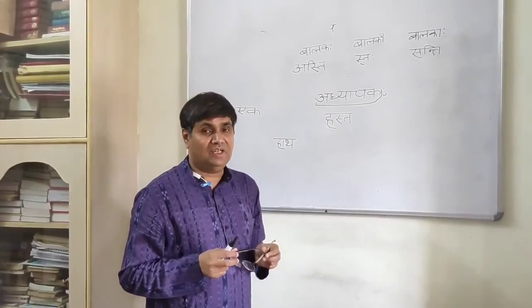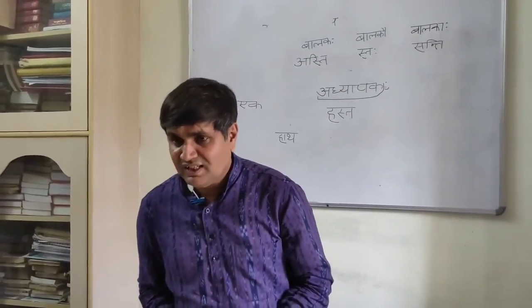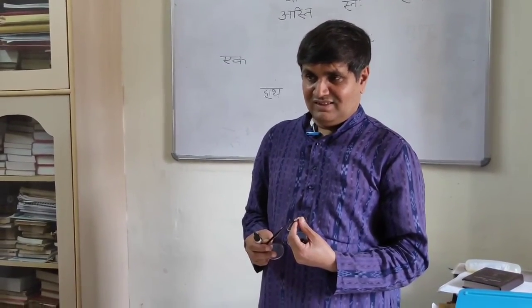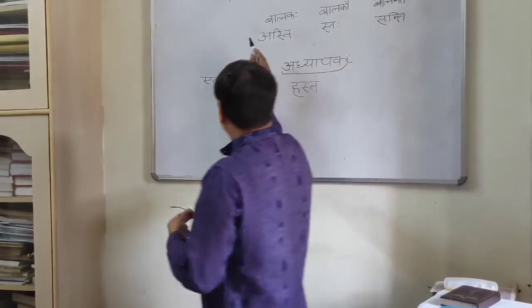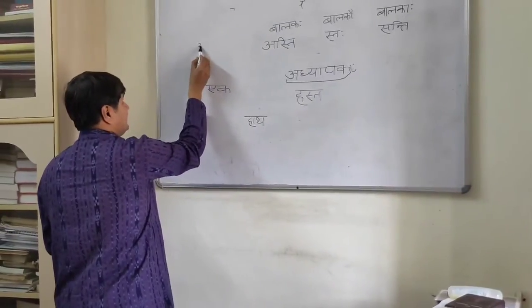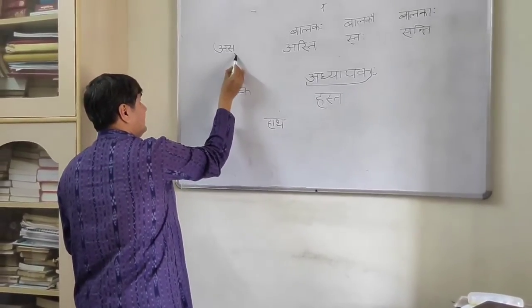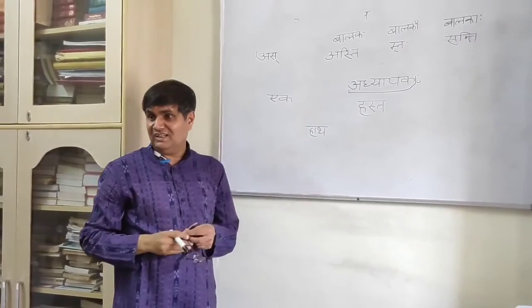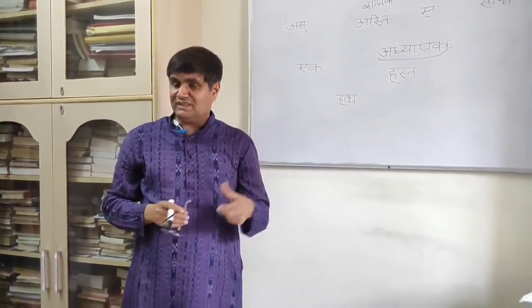If I want to express the idea of the presence of two hands, how to say? Hastau stah. You know, this comes from as. As is the verbal base. Okay? As is the verbal base.